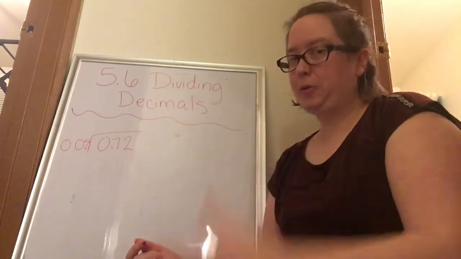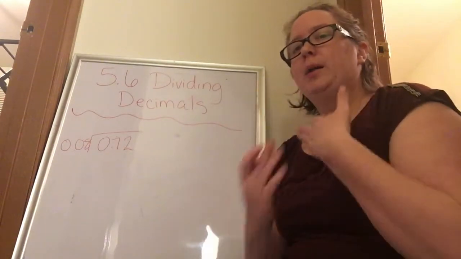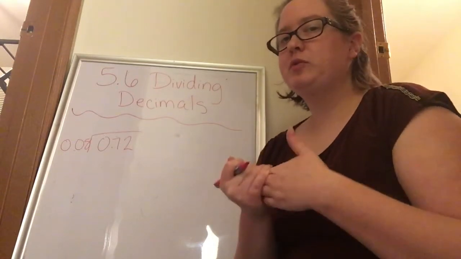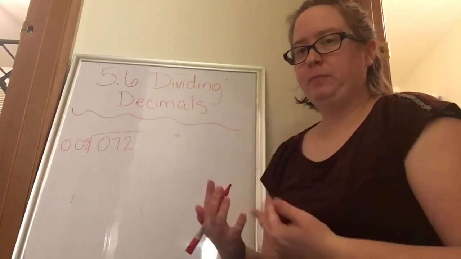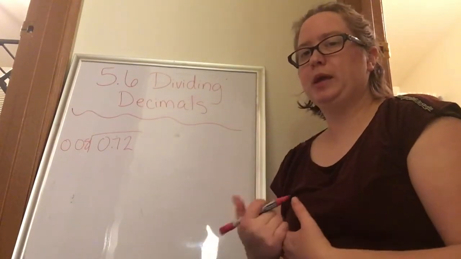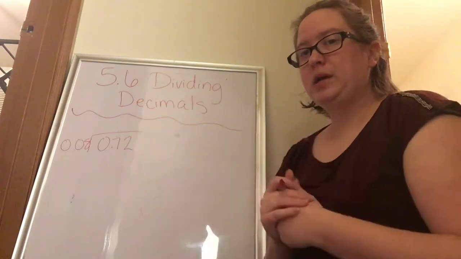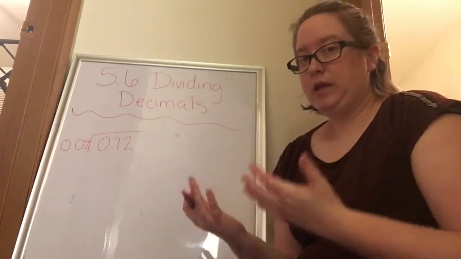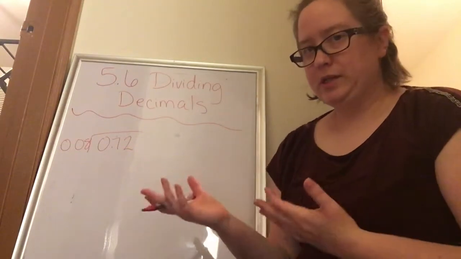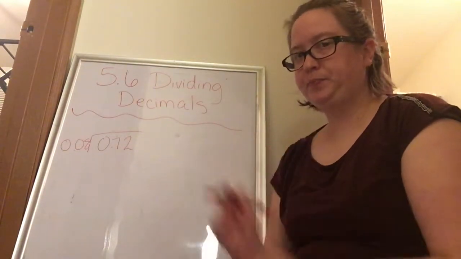So you're going to make it a whole number. But we need to remember that whatever we do to our divisor, we do to our dividend. So the way in which we make our divisor a whole number is by multiplying it by powers of 10, which, as we know from previous lessons, means we move our decimal.